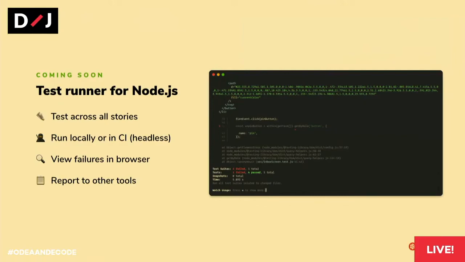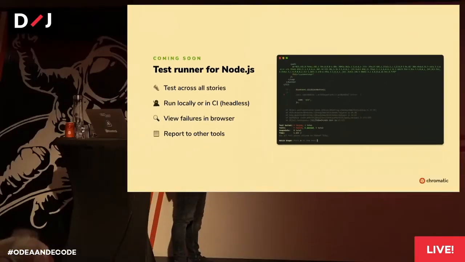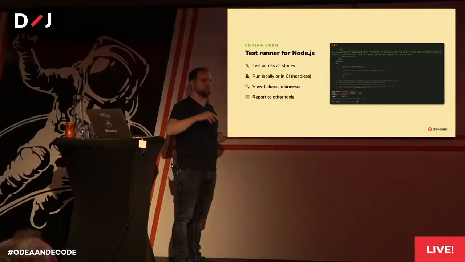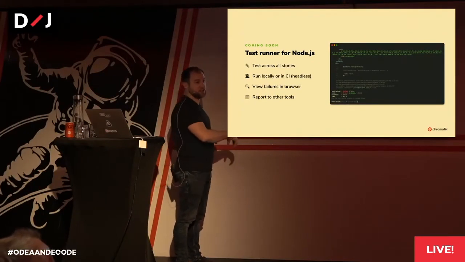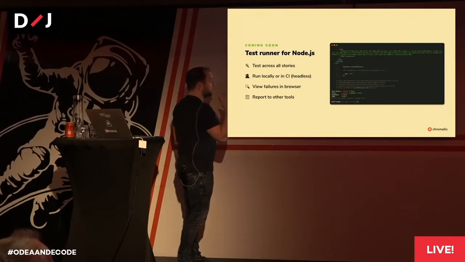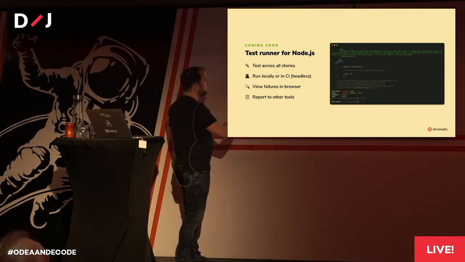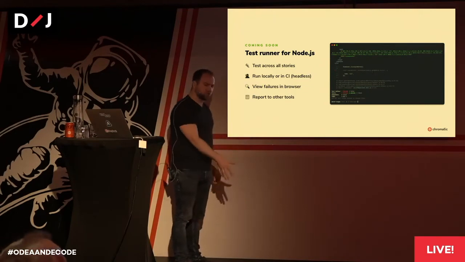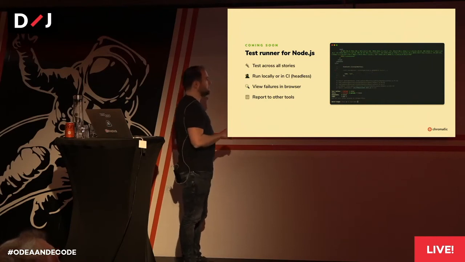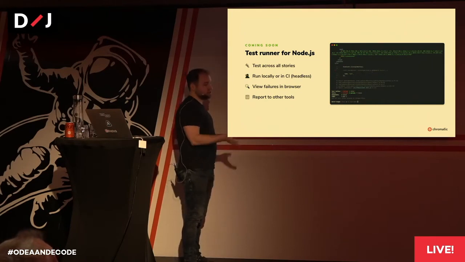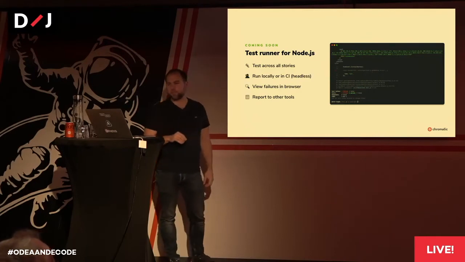So the test runner that we're working on takes those play functions and converts them into a Jest unit test that you can then run in a CI system, and that tests across all the stories in your entire Storybook rather than just the one that you happen to be looking at. It runs locally or in CI using a headless browser.